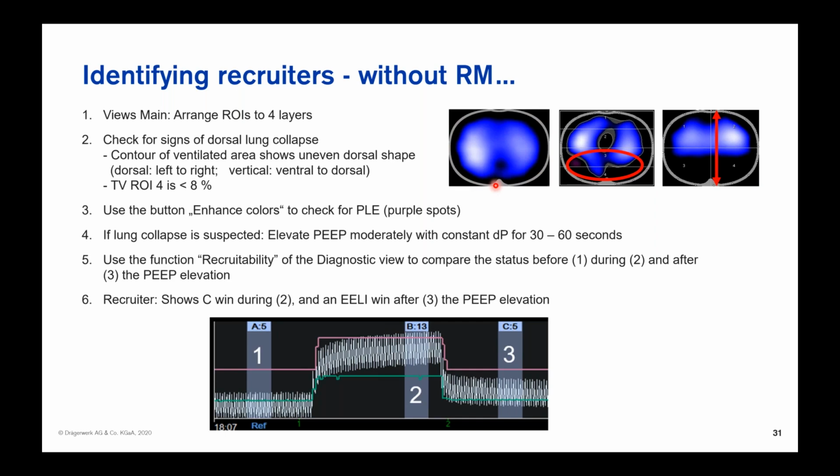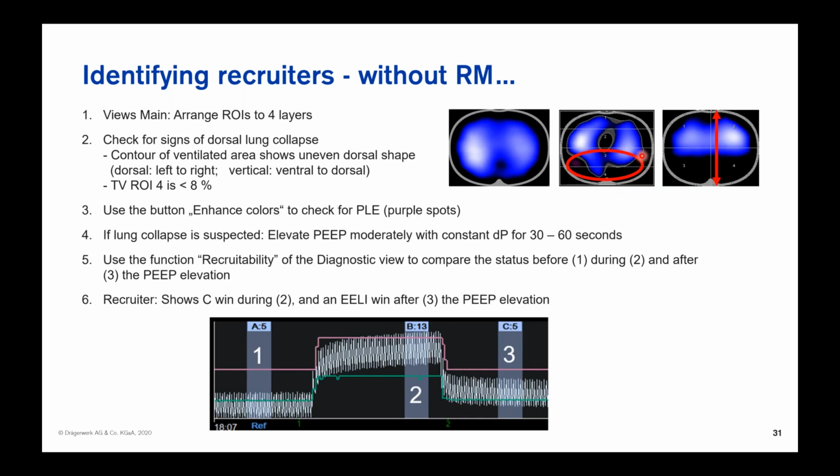However, in other patients, you might see a very asymmetrical shape of the ventilated areas with absence of typically dorsal ventilation. And that is, of course, a patient where it's worth taking a closer look and maybe doing a little diagnostic maneuver in order to assess lung recruitability.